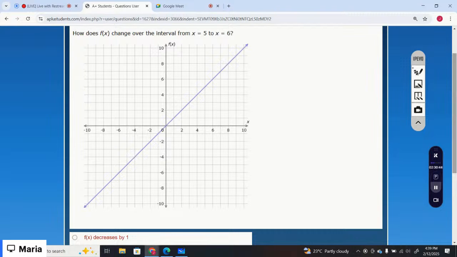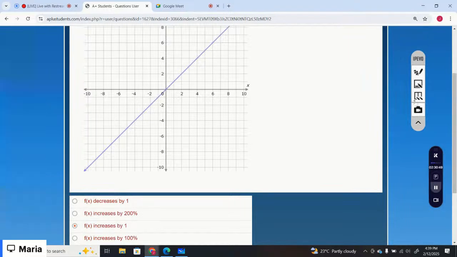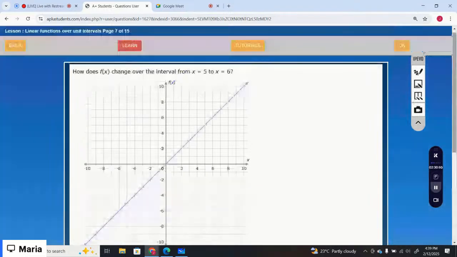That is f of x increases by 1. Option number 3 is the correct option.